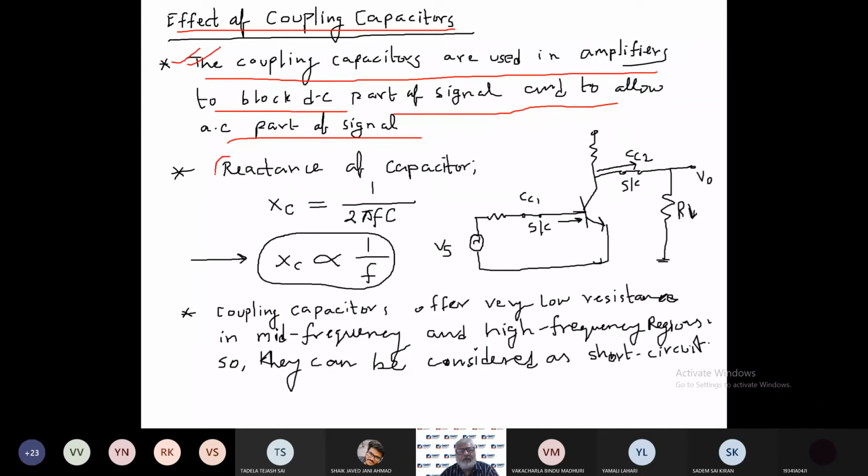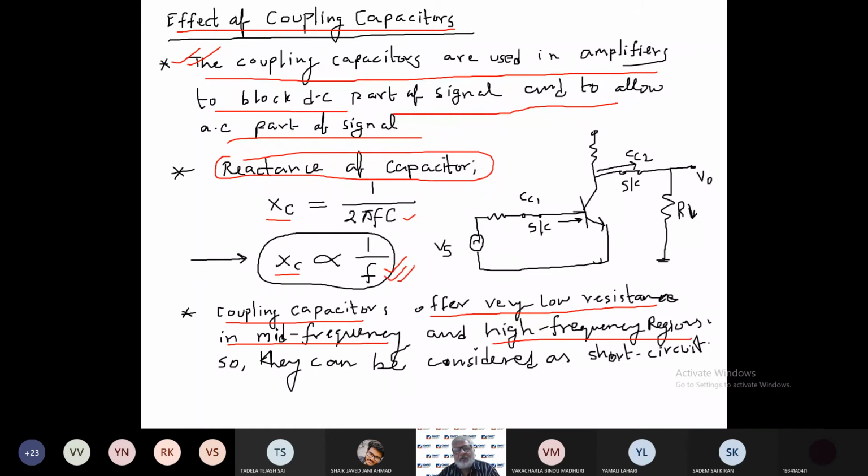Then since we know that the reactance of a capacitor is given by Xc is equal to 1 by 2 pi fC, or Xc is inversely proportional to f, the frequency of operation. So the coupling capacitor offers very low resistance in mid frequency and high frequency regions. So see here, if the frequency of operation is more for a transistor, then this Xc, the capacitive reactance, will decrease.